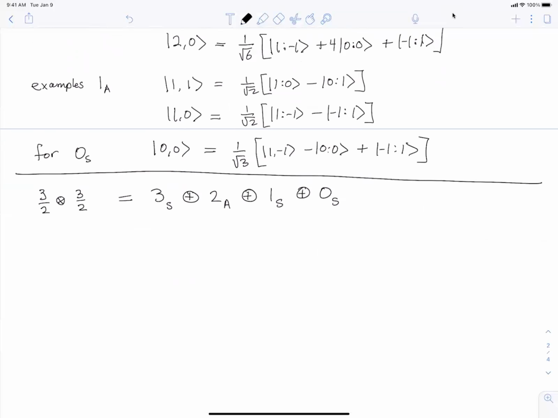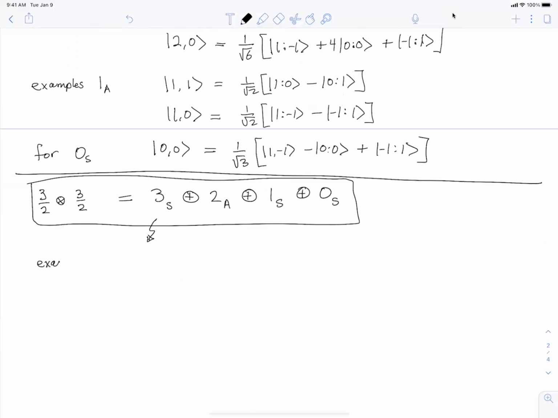Okay, and just to show off what these look like, if you look them up in the Clebsch-Gordan tables that you can find on the internet, an example of the 3 symmetric is that total angular momentum 3 with m value 0 happens to be 1 over the square root of 20 times 3/2, minus 3/2, plus minus 3/2, 3/2.